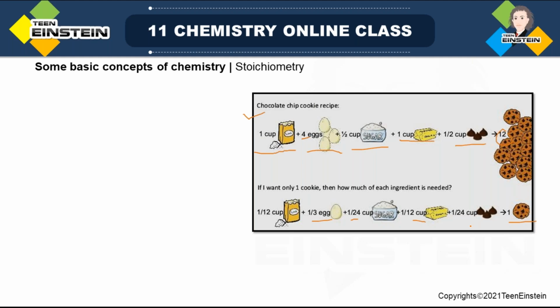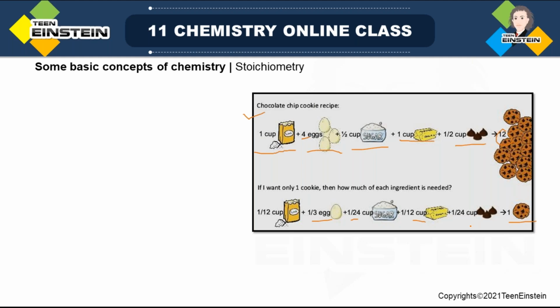Okay. So why are we discussing this? Because this basic thing that you are seeing here is similar to what you have to follow when you consider a reaction. You can consider the cookies that you finally get as the analog of the product, and all the 5 ingredients mentioned on the left hand side as the starting materials.